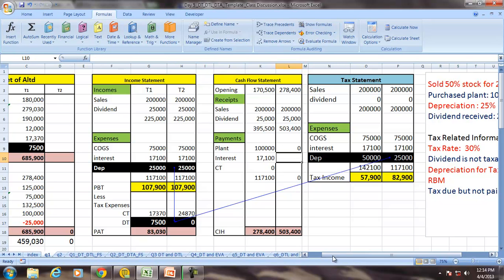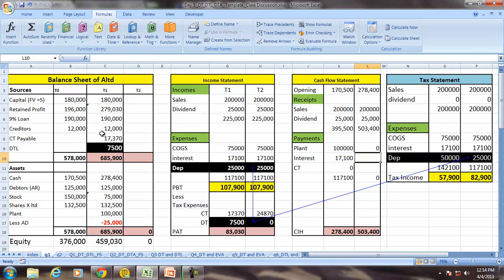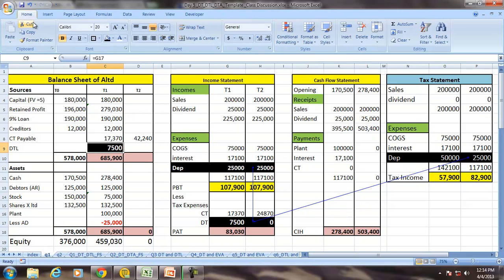Since we are assuming the tax has not been paid, this current tax payable will further increase, and deferred tax liability will continue to appear as long as the asset on which the depreciation difference arises. So deferred tax liability stays at 7,500.